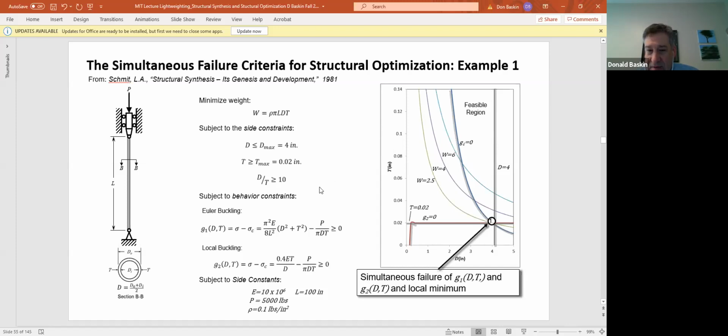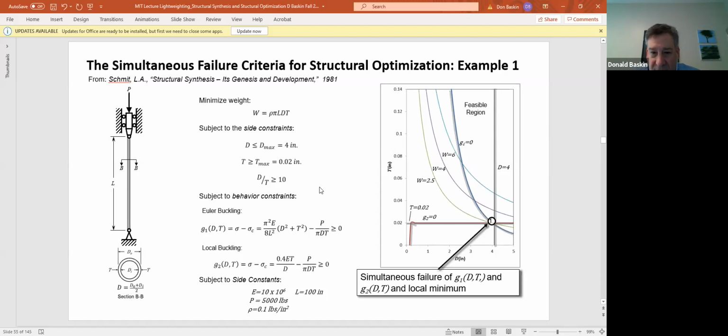The next constraint is the criteria for Euler buckling. For this material, you can't go above a certain stress, the critical stress, sigma sub C. If you take sigma, the stress in the tube, minus this critical stress, that has to be greater than 0, because then you're always outside of the critical stress.